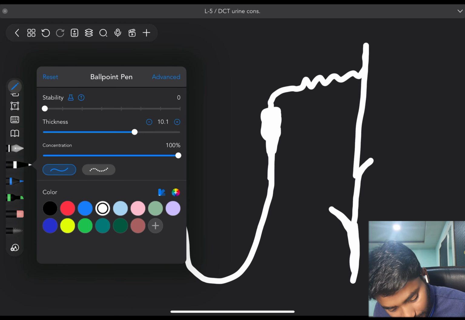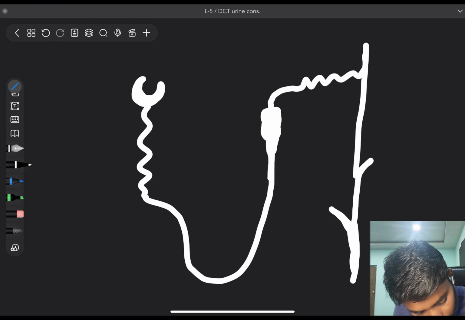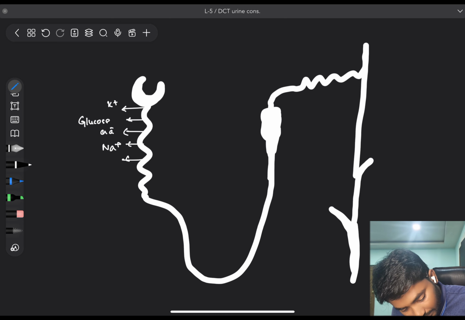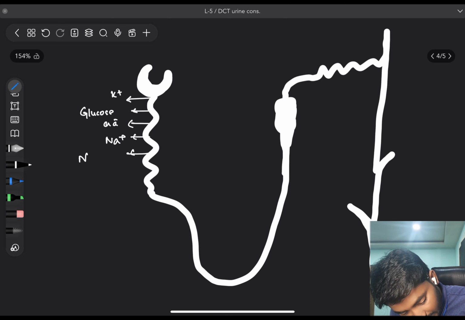Okay, here it is potassium, here it is glucose, ammonia, amino acids, reabsorption happening in the PCT, descending loop, sodium, nutrients.